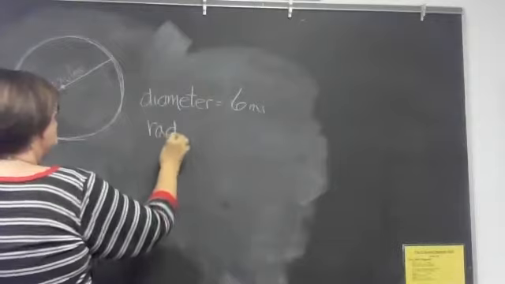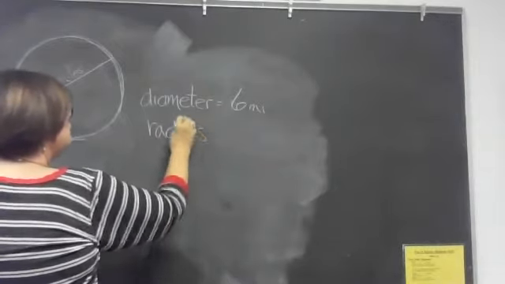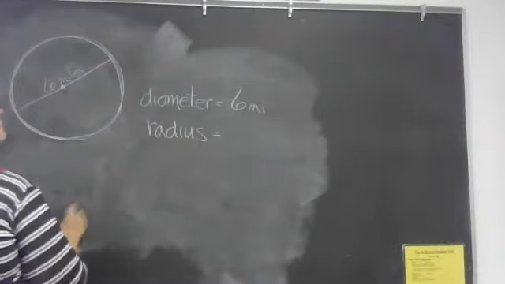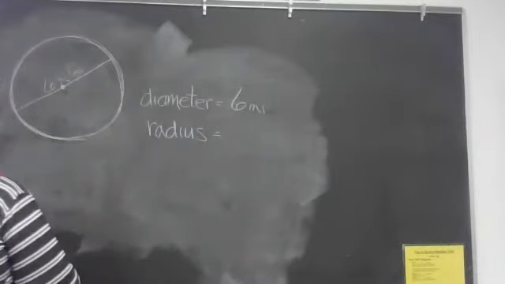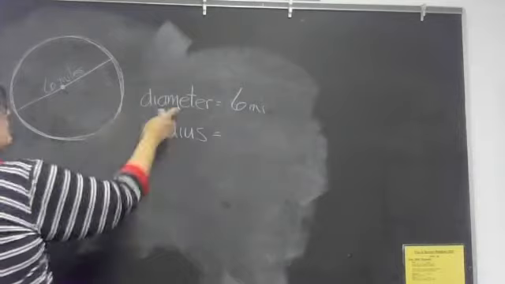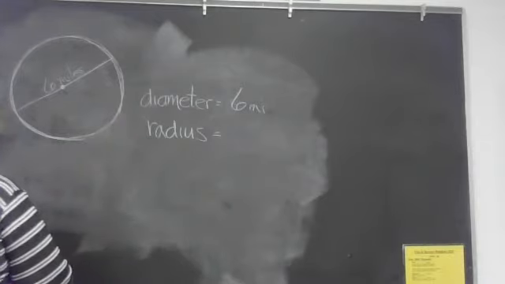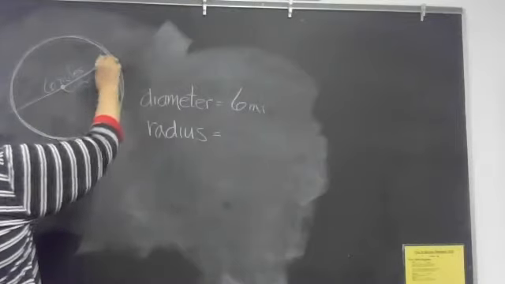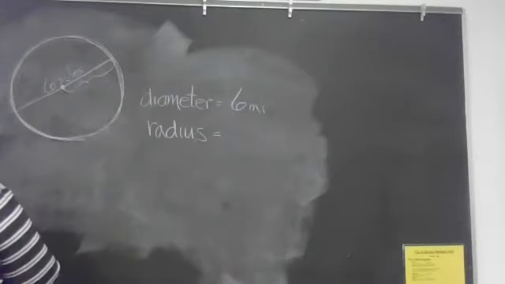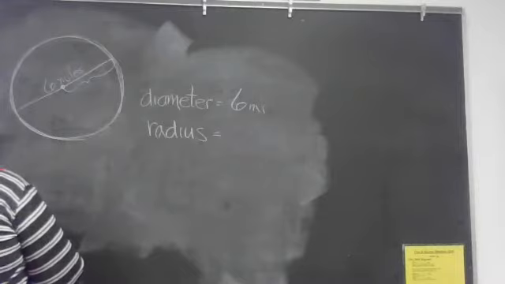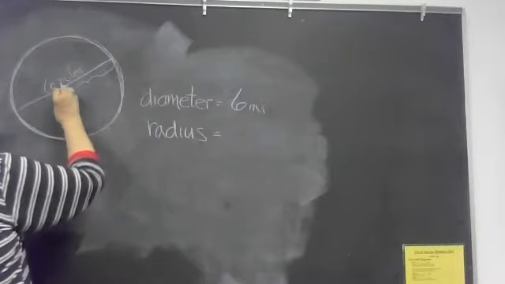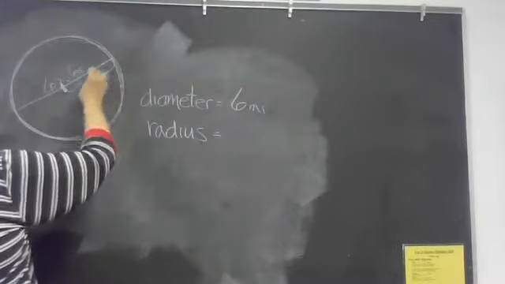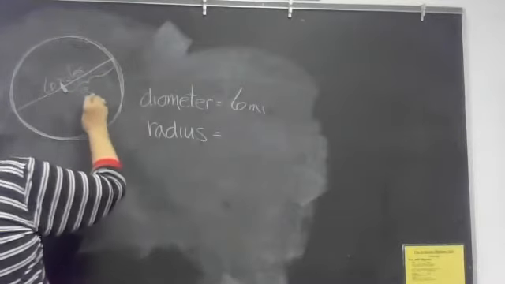So how far is the radius? You need to know this. Somebody speak up. How far is the radius of this circle if the diameter is 6? Is it 2? One more time. It's halfway, 3. 3 miles. There you go.